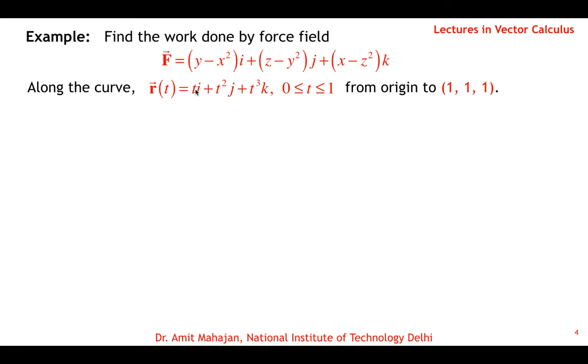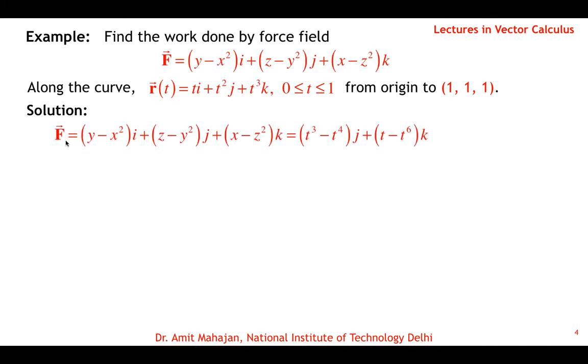So from the position vector we see that x is t, y is t squared, z is t cubed. We can use that to write the field F in terms of the parameter t. The vector field F is given by this, and we can write it in terms of t, because we know that the position vector r(t) is xi plus yj plus zk.